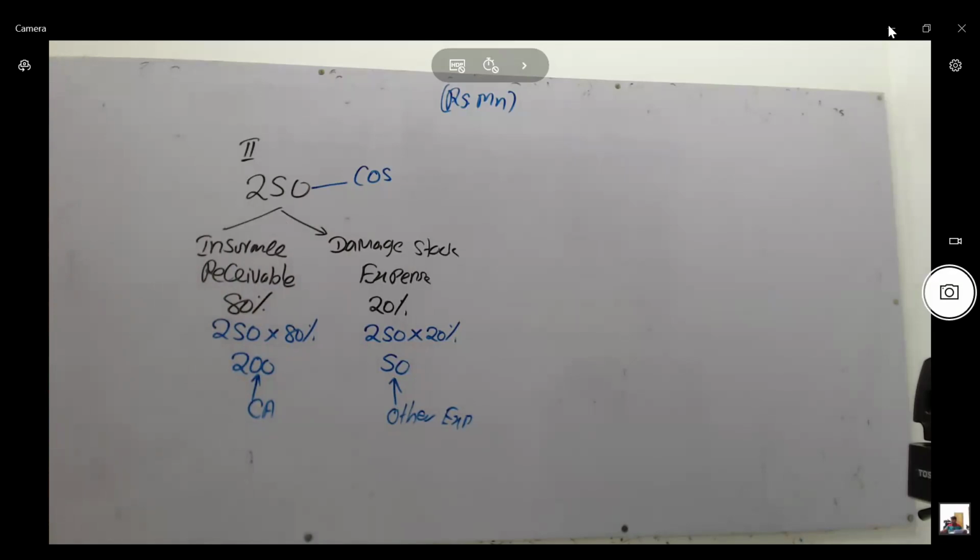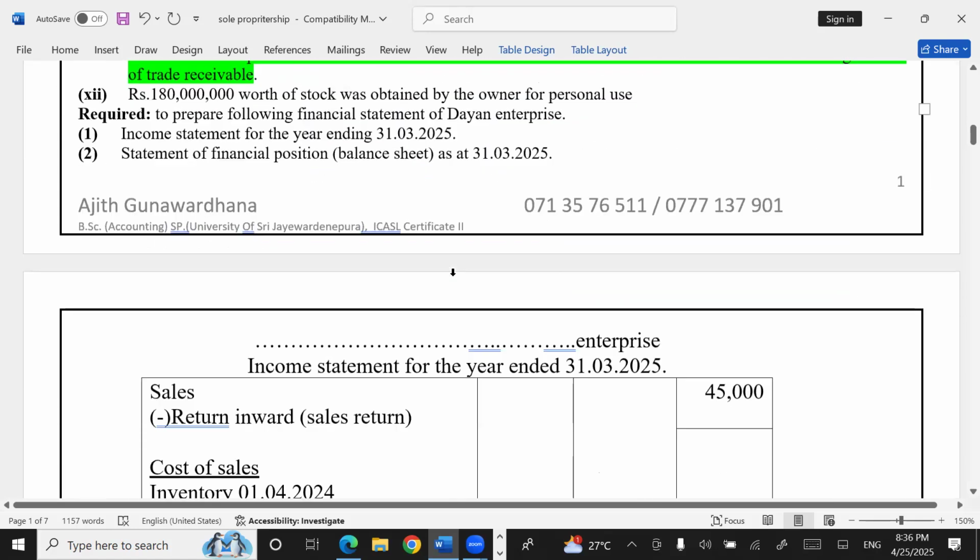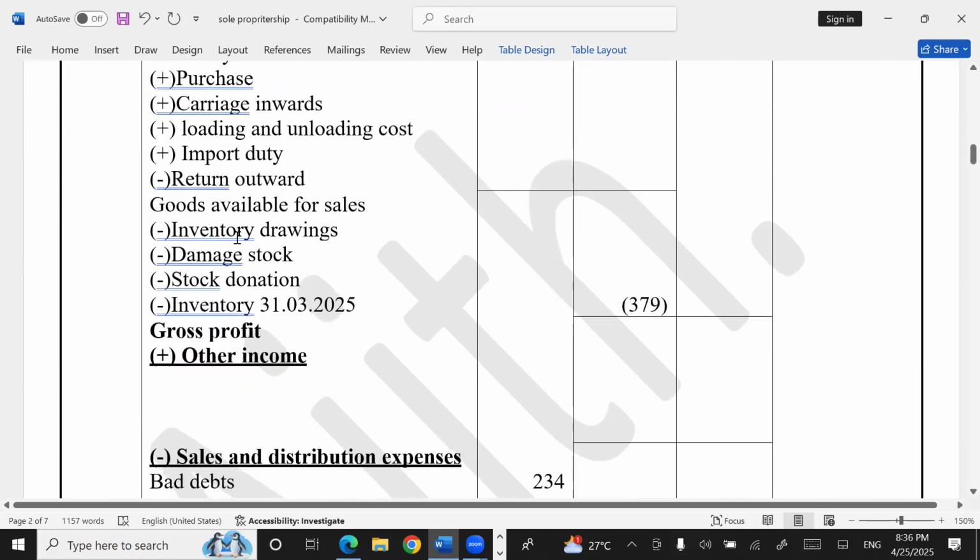Second adjustment, damaged stock, 3 marks. Cost value should be recorded under cost of sales calculation, 250. Insurance receivable equal 200 under current assets. Balance 20% cannot be recovered. It will be recorded under other expense. Damaged stock adjustment under cost of sales calculation as inventory damaged, second column within brackets.